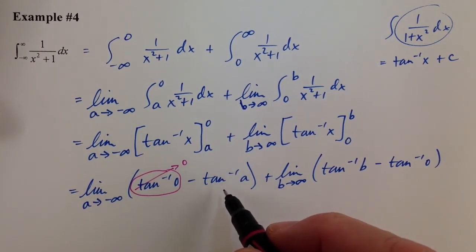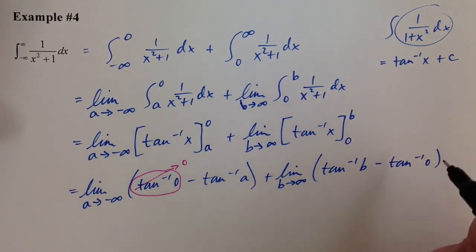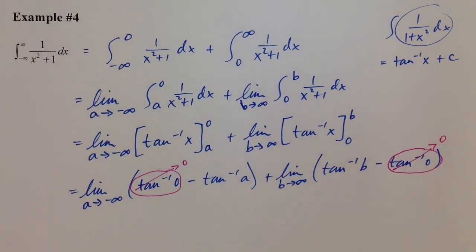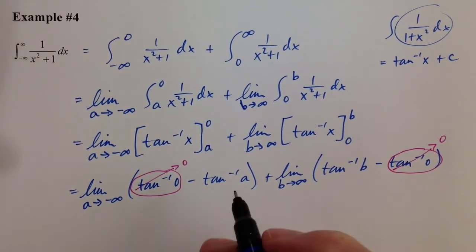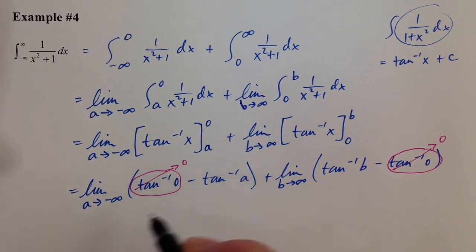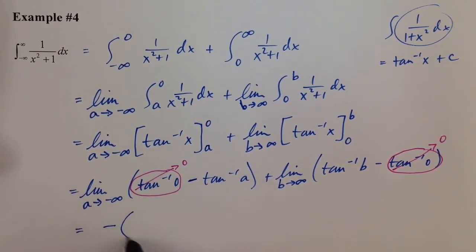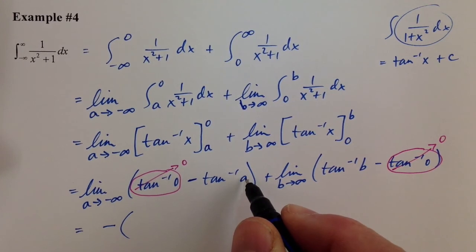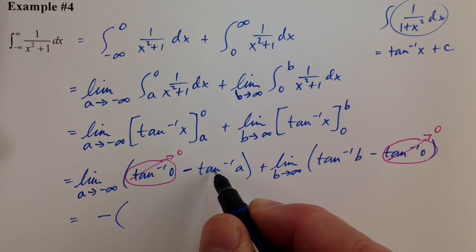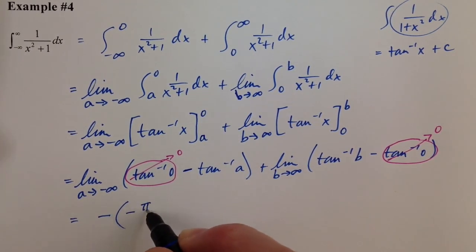Inverse tangent of 0 over here goes to 0 as well. If a goes to negative infinity, the inverse tangent of negative infinity, and remember we have a minus sign right out in front of that, if you remember the inverse tangent graph, as a approaches negative infinity it approaches negative pi over 2.